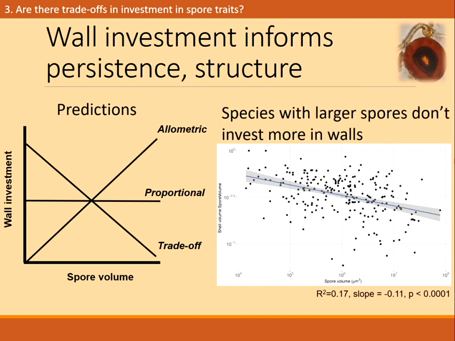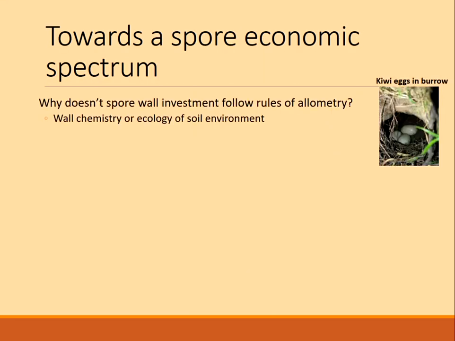So what we found was data that supports a trade-off. Species with larger spores don't necessarily invest more in walls, and this pattern holds when we correct for phylogeny as well. So why is that? Why don't we see spore wall investment increasing and following these allometric rules?